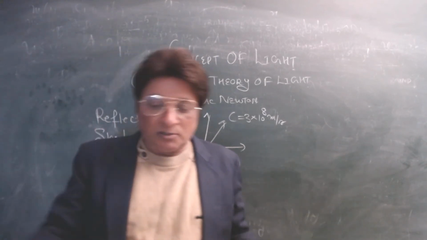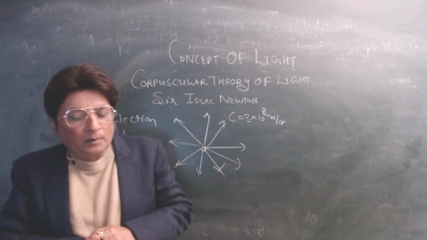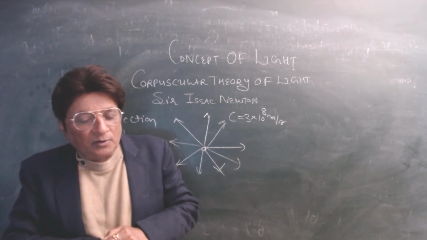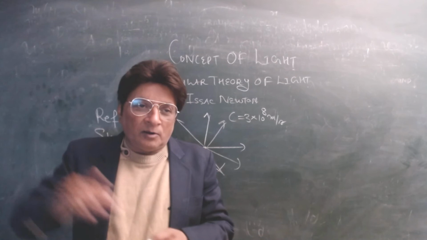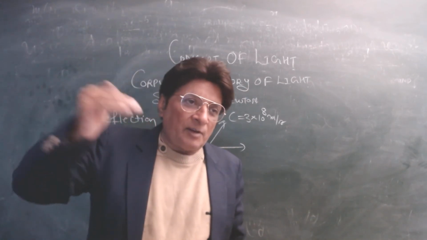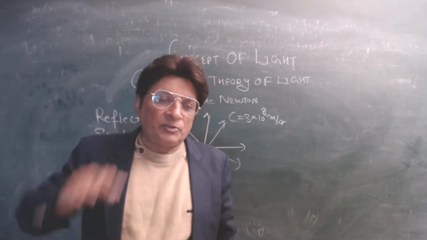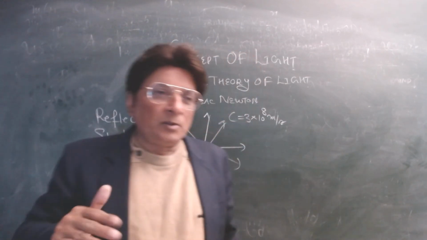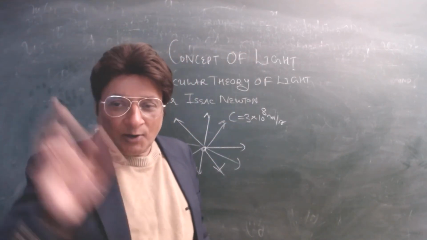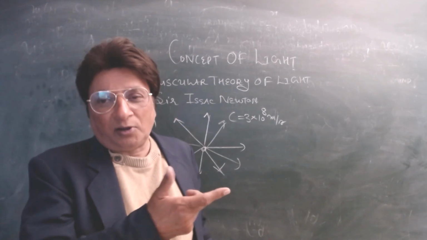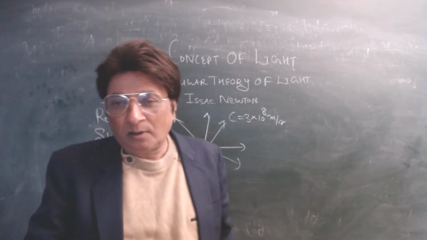So dispersion takes place. Then students, how is there refraction? When corpuscles travel from one medium to another, from rarer to denser, then they shrink, like a cricket ball. So that is how refraction takes place.